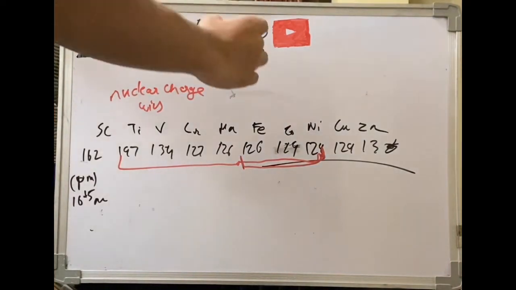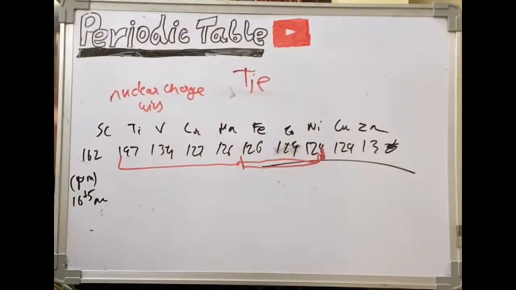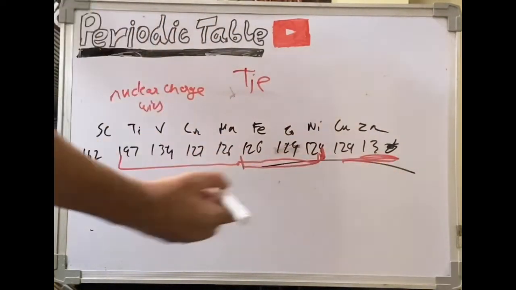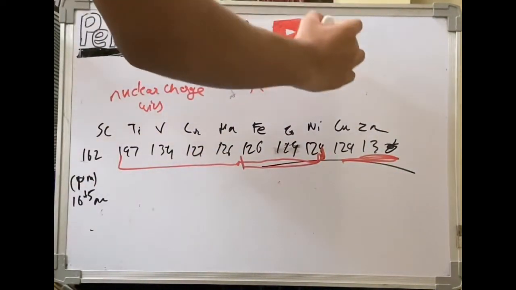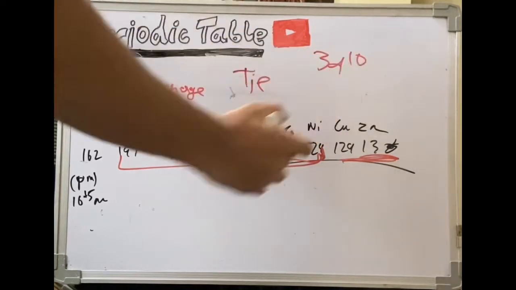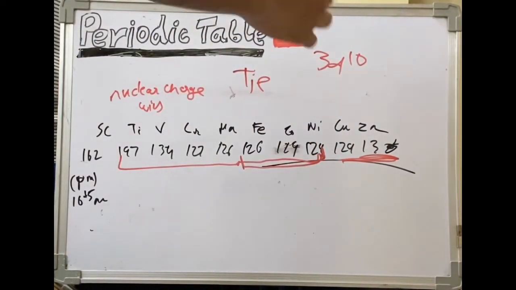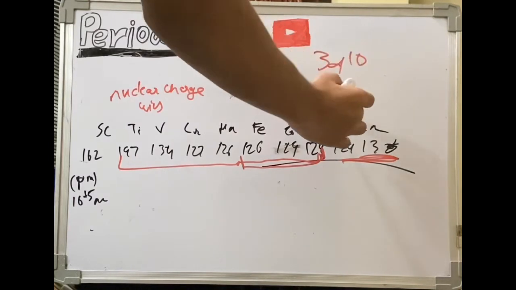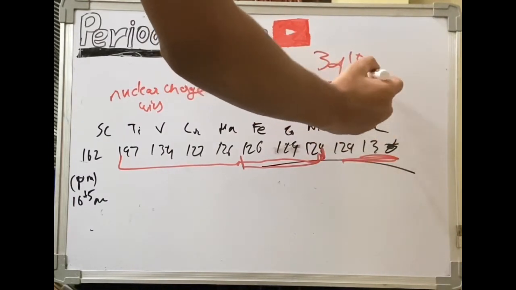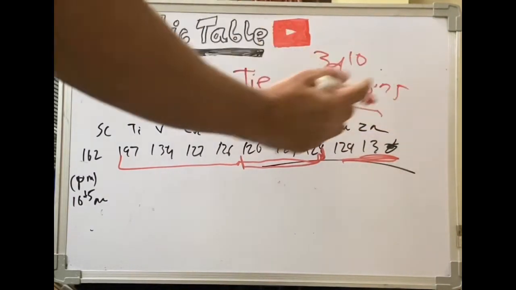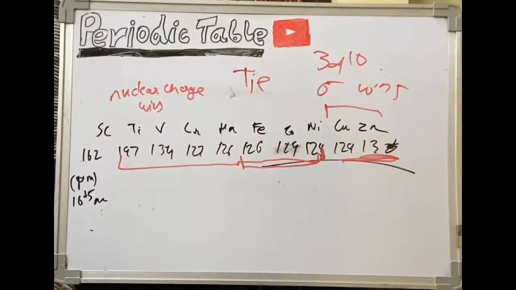So you can say here there is a tie and there is not that much increment or decrement in the atomic radius. Now if you see over here, due to the fulfillment of the 3d10 orbital, the shielding constant is even higher. So here sigma wins. Now there is no need to learn the values and all. It is just that in the d subshell, it generally happens like this.